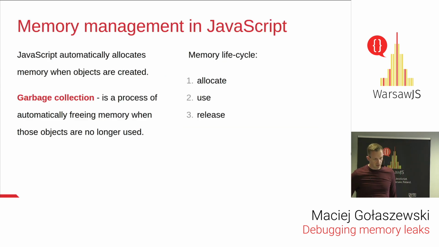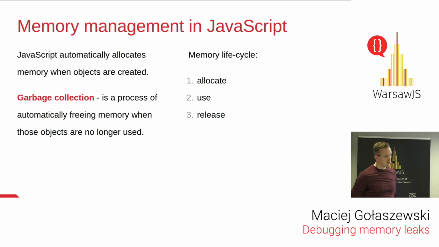As a quick introduction about memory management in JavaScript, as you should probably know, in JavaScript there is no need for manual handling of the memory. The JavaScript engine will do this for us, and the whole process of the memory lifecycle is pretty straightforward.